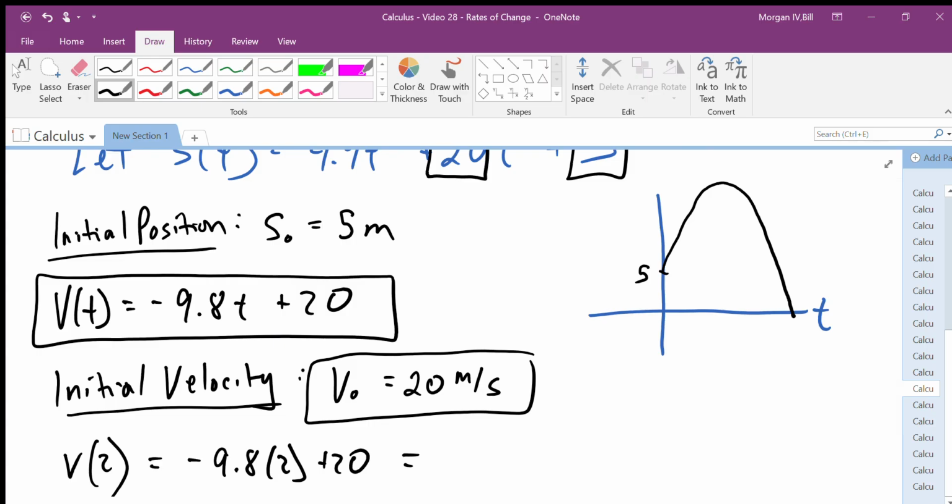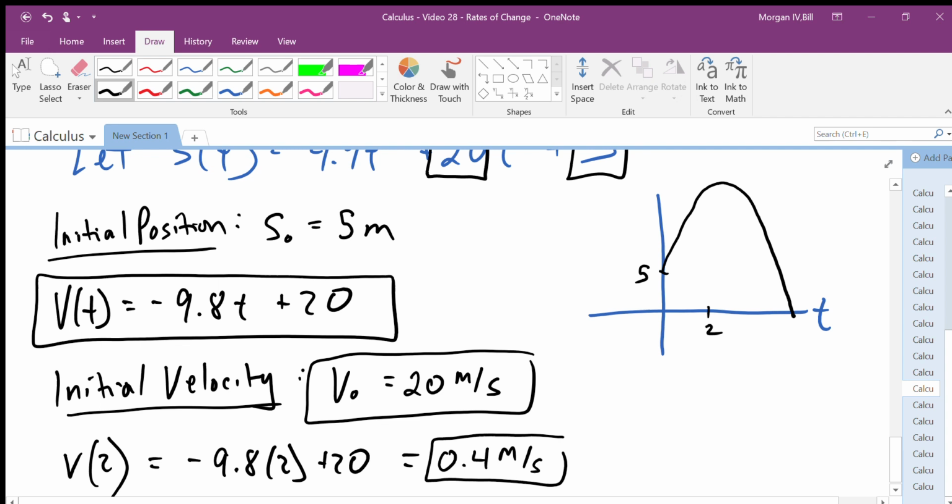And then plus 20 would be positive 0.4, 0.4 meters per second, which is really close to 0, which is telling me that 2 is probably going to be about right here. It's a positive velocity, so we think that the curve is still going upward here. The slope of the tangent line is still positive. Yet, it's almost to 0. It's almost to that peak, right, where we get that maximum value.